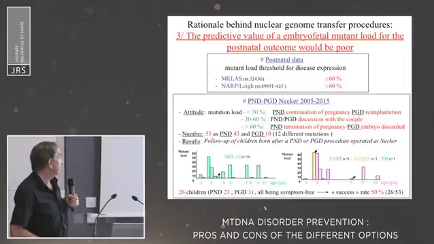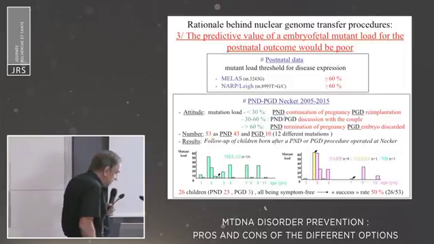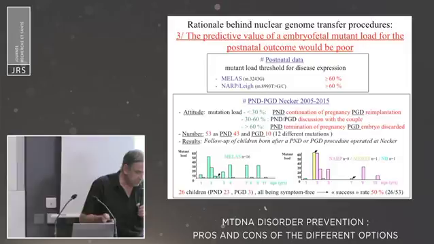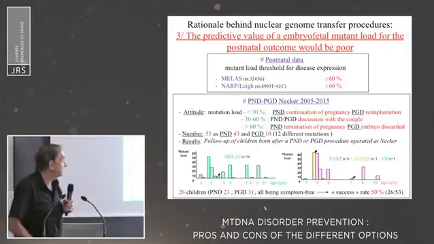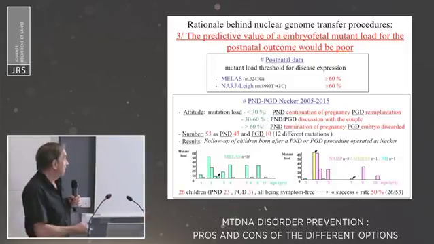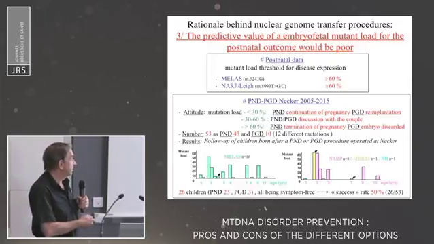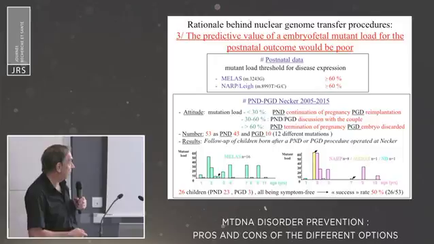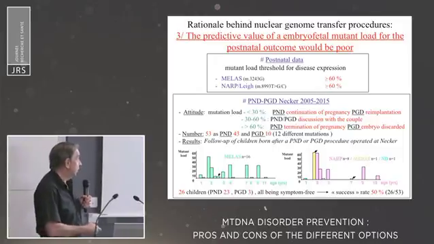So we have carried out around 53 PND and PGD procedures, only 10 of them PGD. And we tried to follow up the children born after a PND or a PGD procedure.